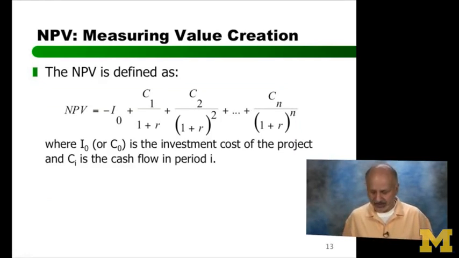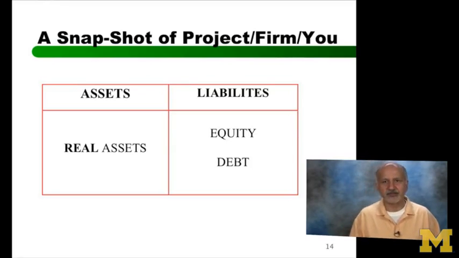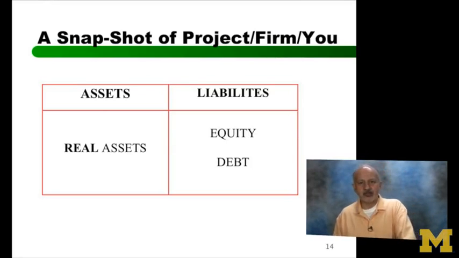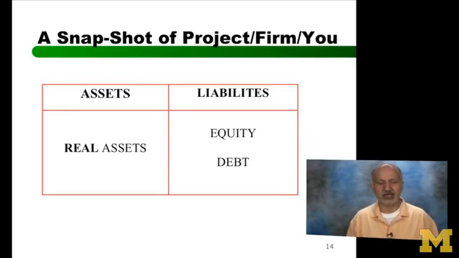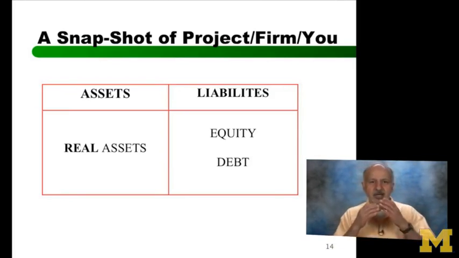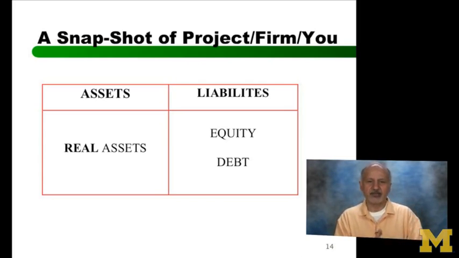Before we go on to that, let me just emphasize something about a snapshot of a project, firm or you. A firm could have a balance sheet, and a project could have a balance sheet. I don't mean it in the accounting sense, really. I mean it about how to think about an idea, how to think about value.